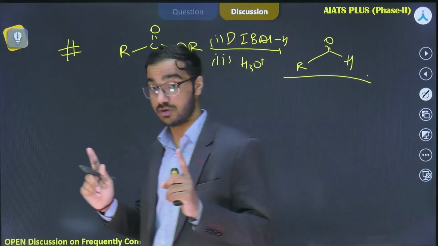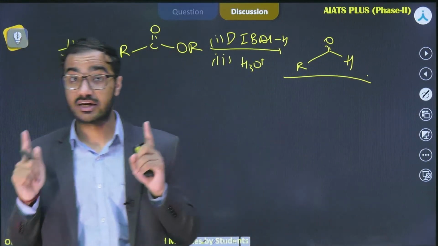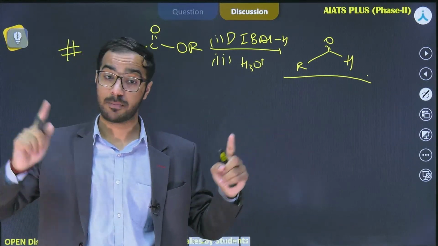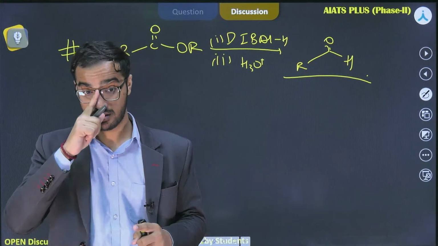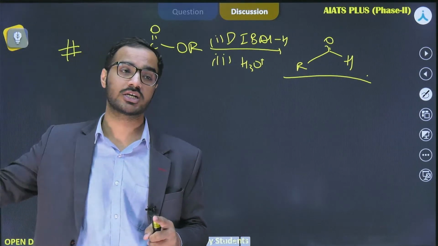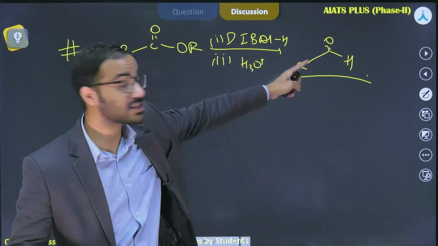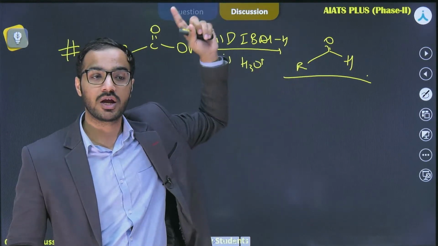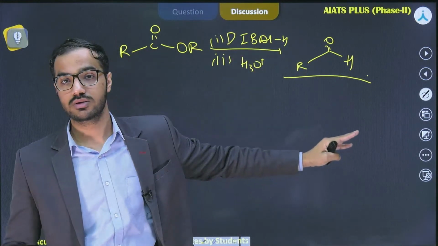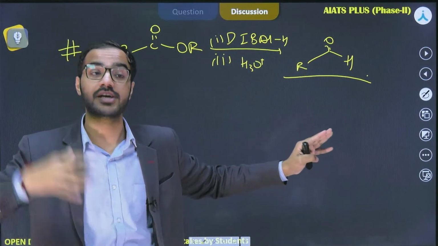But always remember, the temperature is to be maintained very low. If you are raising the temperature, there will be the possibility of the formation of alcohols as well. It means this aldehyde can further be reduced to alcohols at relatively higher temperatures.